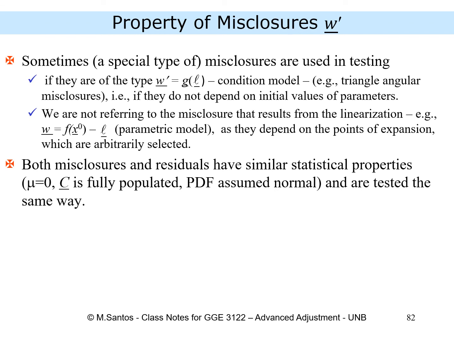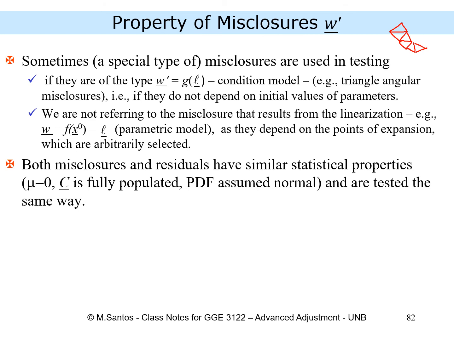Misclosures. Here we can talk about two types of misclosures usually. Here we are talking about the W prime that comes from the conditional model. The conditional model is very good if you have closed loops like a leveling or a gravity network.